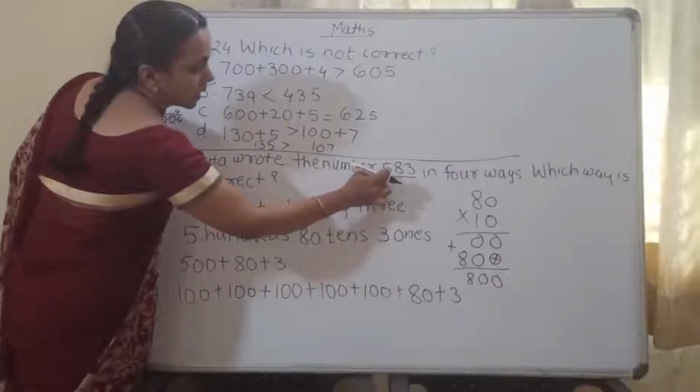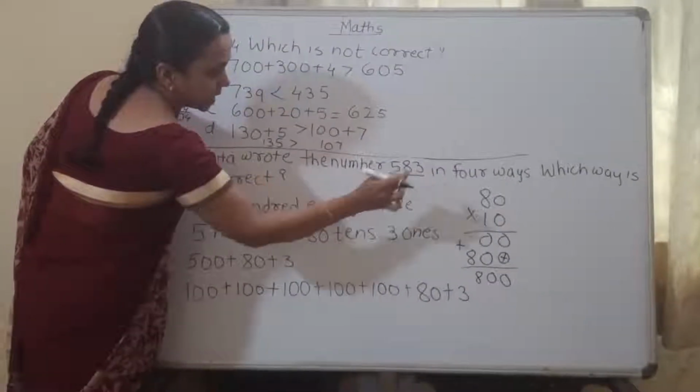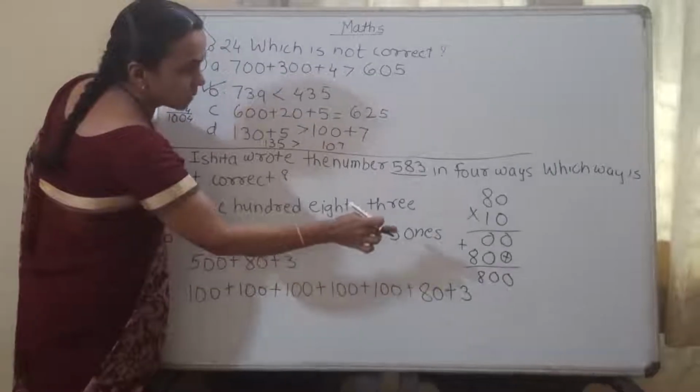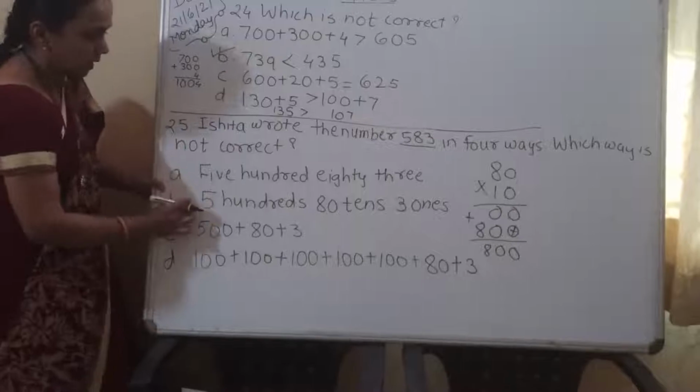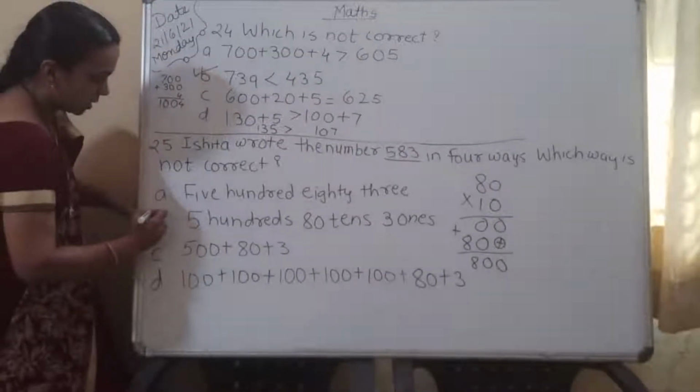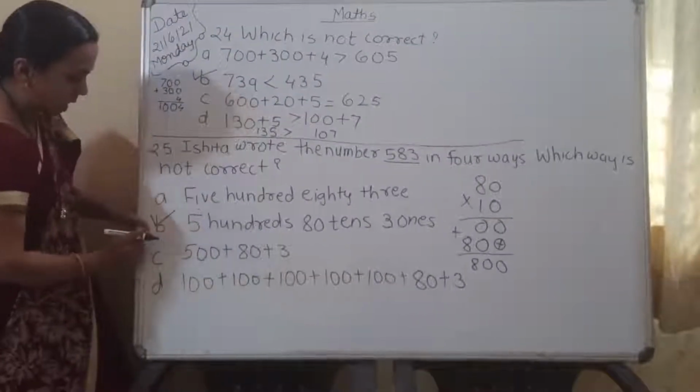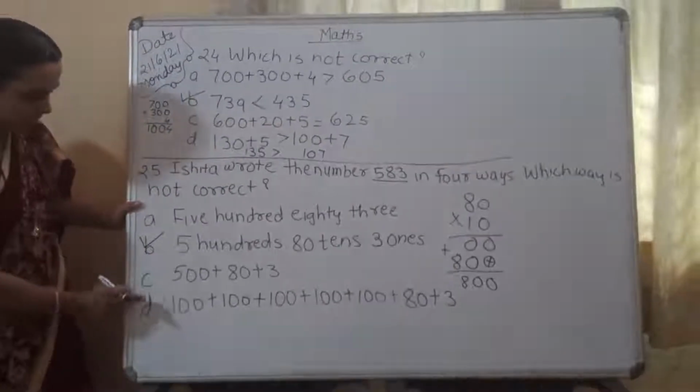But our number is 583. So 80 tens means 800, and 3 ones. That means this second option is the wrong option. So we have to tick mark on this B option.